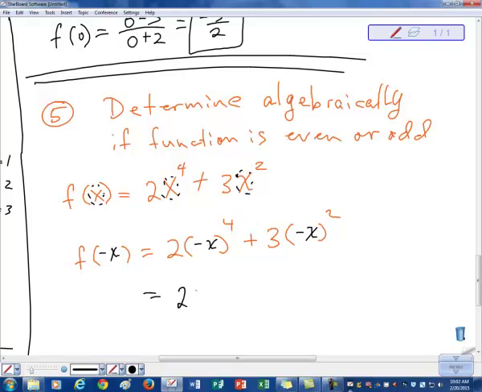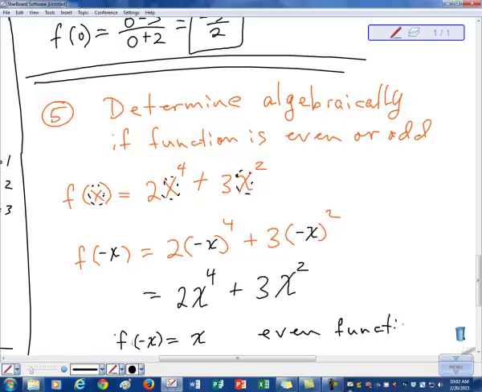So that comes out to be 2x to the 4th plus, and this would be the same, 3x squared. And so since it comes out to be the same, we would say that if f of negative x equals f of x, this would be an even function. So in other words, we substitute negative x in, and you get the same thing you started with.